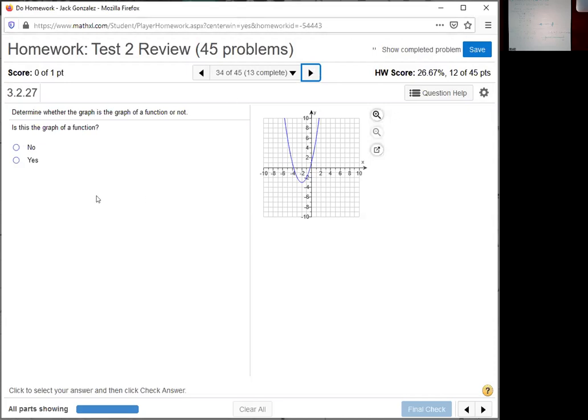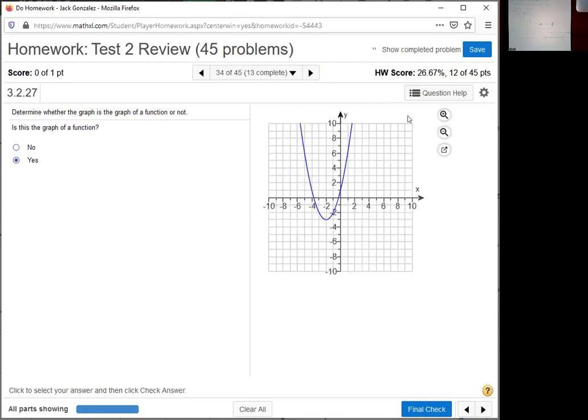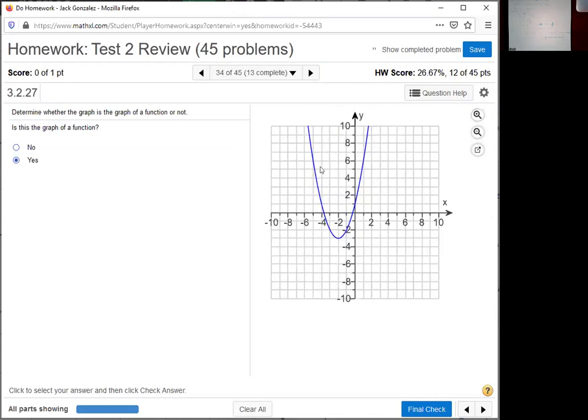On this one, is it a function? On a test, you would just say, yes, it is a function because it passes the vertical line test. If I draw a line through it, it will always be a function, no matter what x I choose. Doesn't hit twice. Okay.